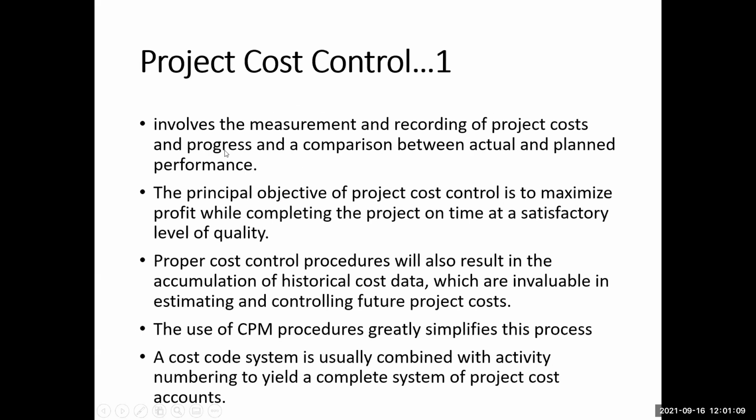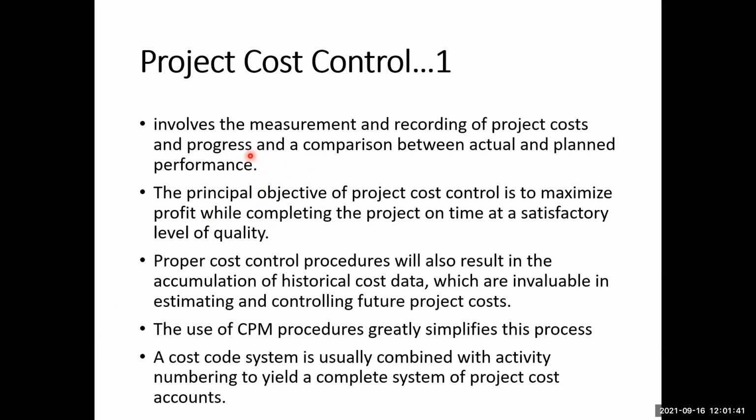It involves the measurement and recording of project costs and progress, and a comparison between actual and planned performance. So the meaning of cost control is that while conducting the project, you will need to measure how much cost is being spent.